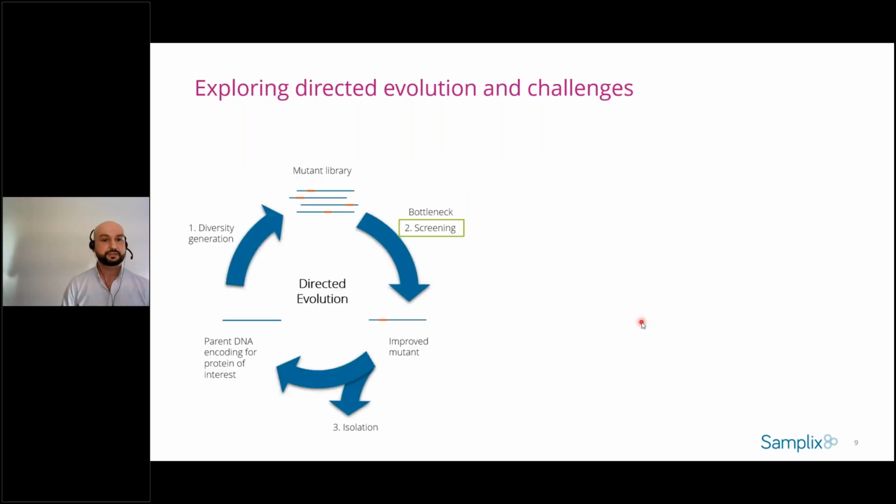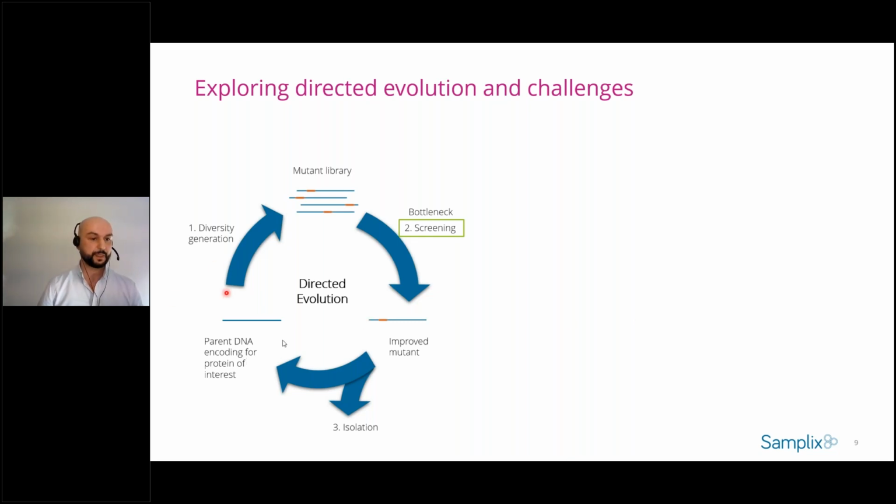So let's understand directed evolution. What is directed evolution? Before starting to explain this, directed evolution is a powerful method. It was awarded the Nobel Prize in 2018. The pioneer of this method is Frances Arnold, and it comprises 3 steps.